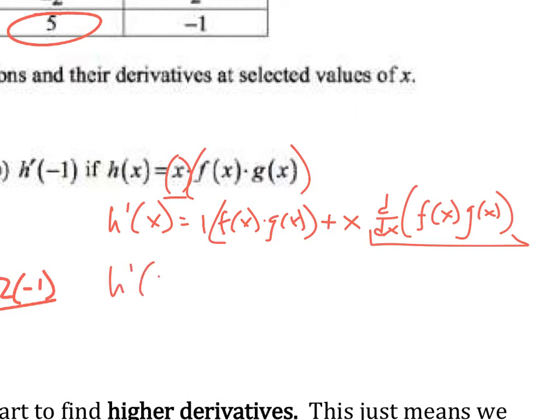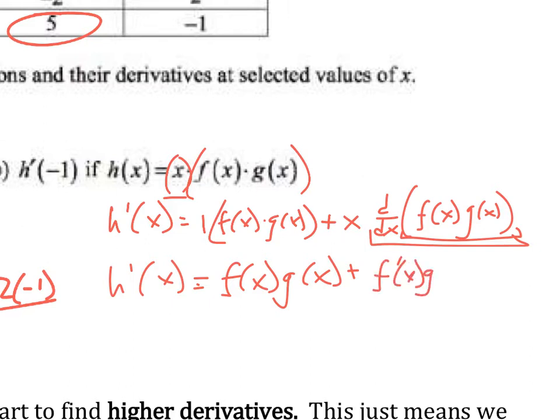So h prime of x is f of x, g of x, plus, okay, product rule here. Derivative of the first, f prime of x, times the second, plus the first times the derivative of the second. Watch out, I almost forgot this little x out here.